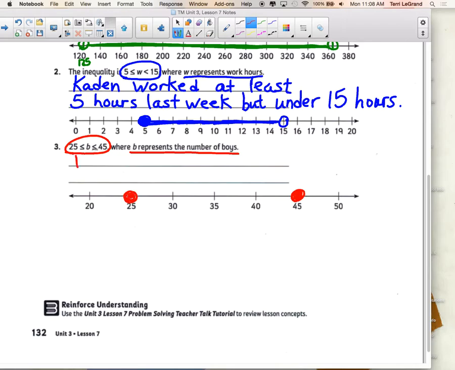There are at least 25 boys in the arena, but I can't say under 45.